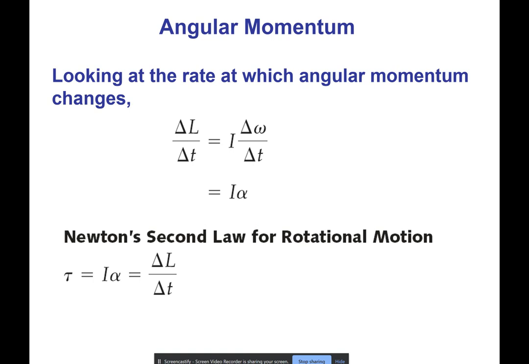Then you can do the rate of change, which would be equivalent to your rotational impulse. But it'll just be your torque, which relates back to Newton's second law. So it's just your change in momentum over time.